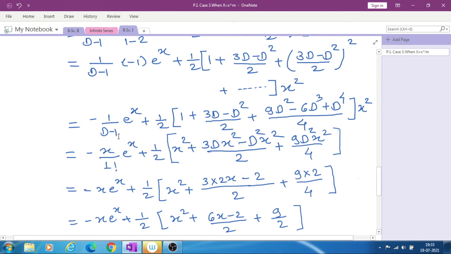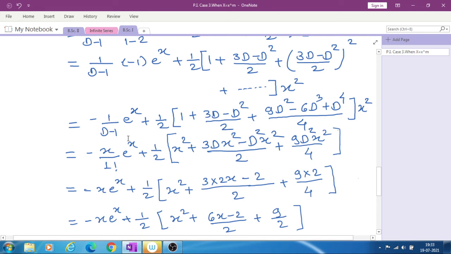Now here is a factor where if we put D is equal to a, that is D is equal to 1, it becomes 0. So in this case we use another formula.